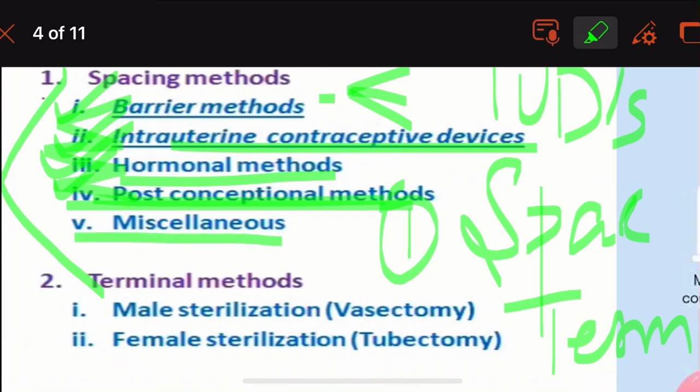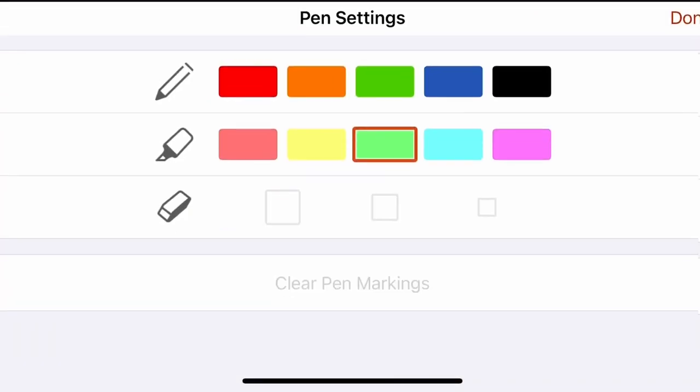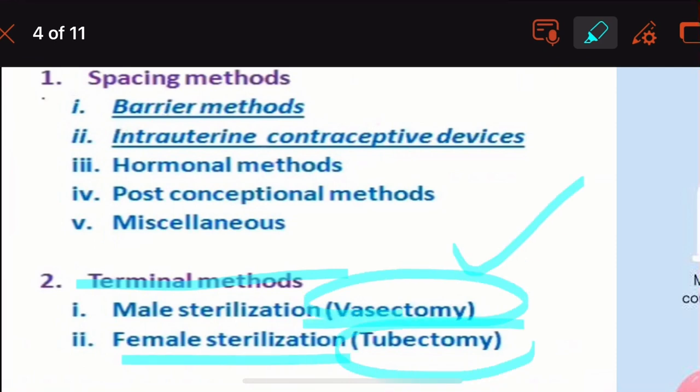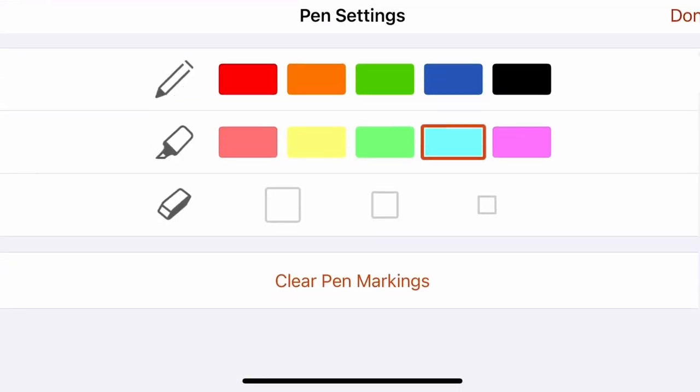The last one is miscellaneous, where we have various methods like the calendar method, cervical mucus method, abstinence and so on, which we'll deal with later in detail. The second half is the terminal methods: male sterilization, which is vasectomy, and female sterilization, known as tubectomy.